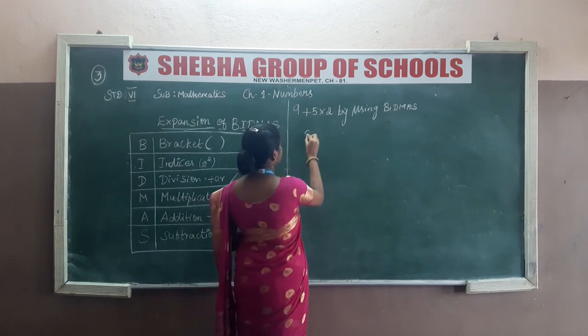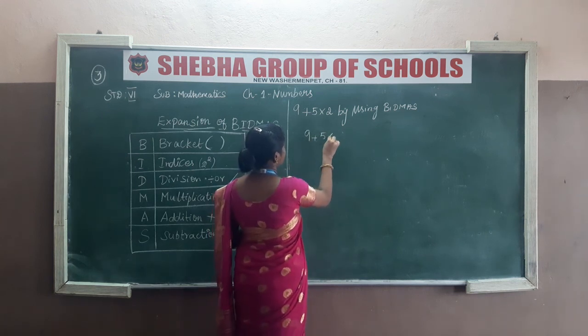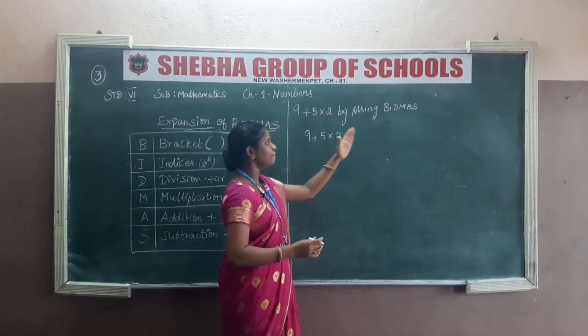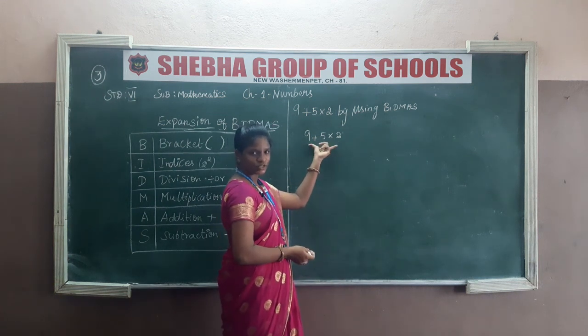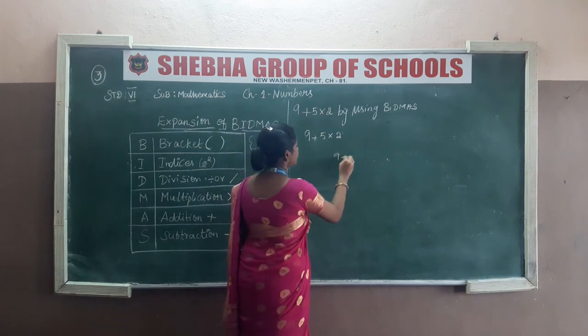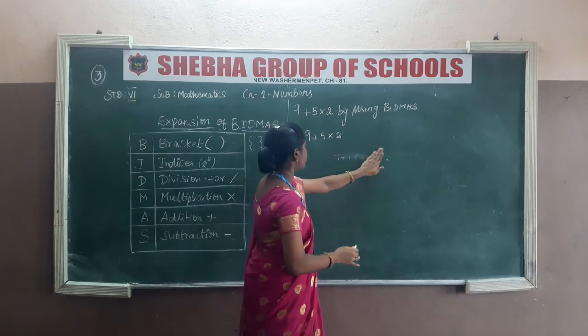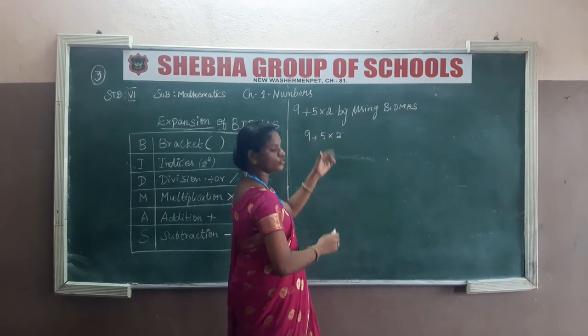First the number is 9 plus 5 into 2. First we have to check the question for B. Is any bracket there in the question? This is 9 plus 5 into 2. No, so we don't use the bracket.